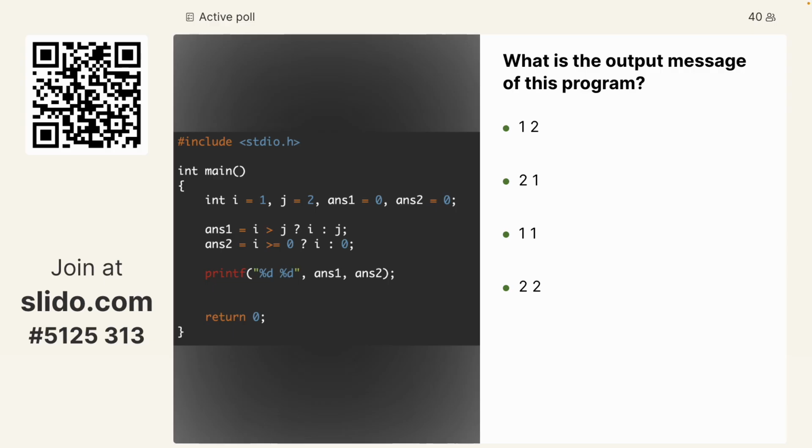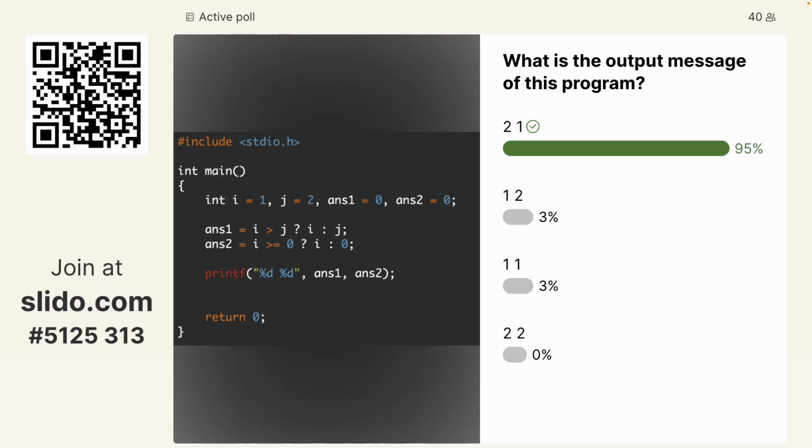Let's check out the result. Great, that's very good. Around 90% of the submissions chose the correct one. The result is 2 and 1. Because we have a really high correct rate, I guess I don't need to explain why the correct answer is 2 and 1.